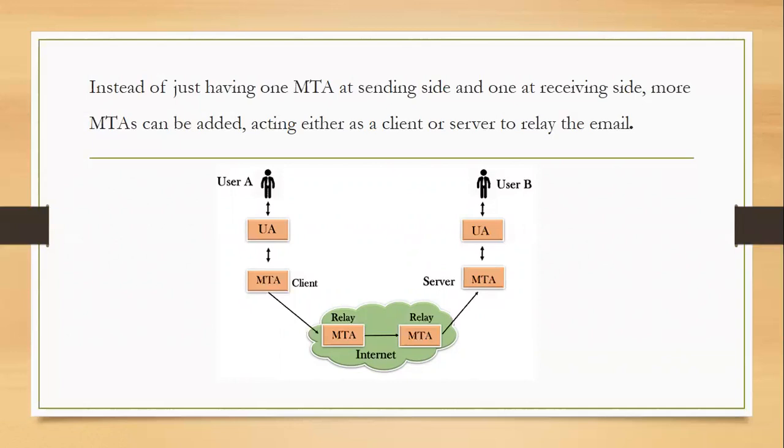It means if there are too many queries or multiple clients want to send queries to the server, then more than one MTA can be possible at the client side as well as the server side, and they will relay the message to an MTA on the internet network. Then that network helps to send it to the server side, and in the same scenario it will get back to the internet with the help of the server-side MTA.